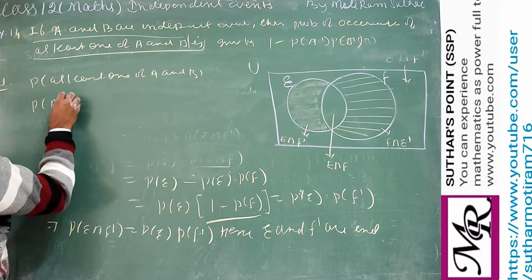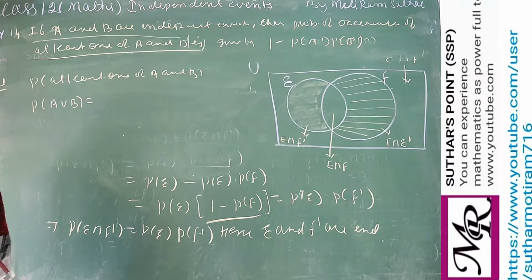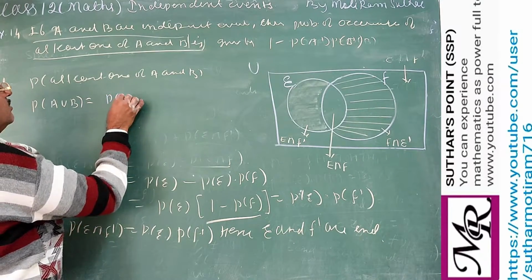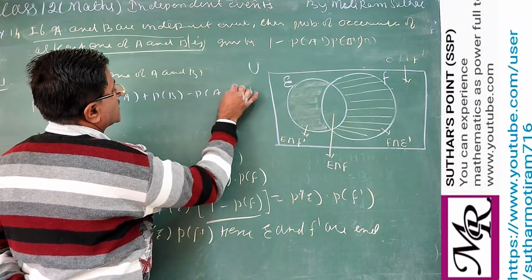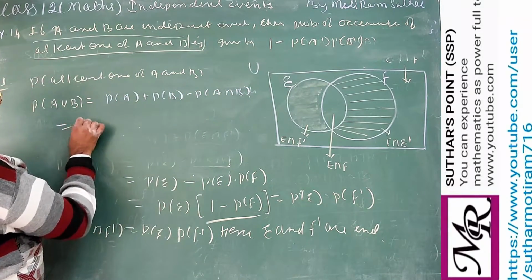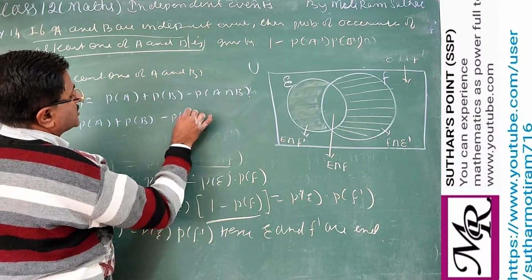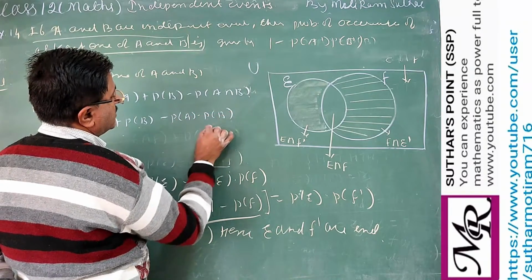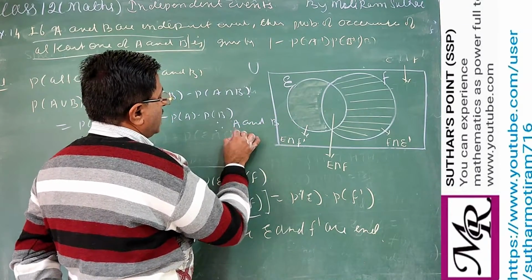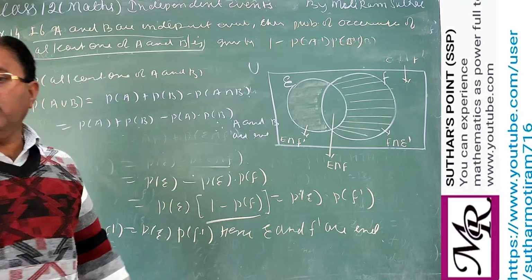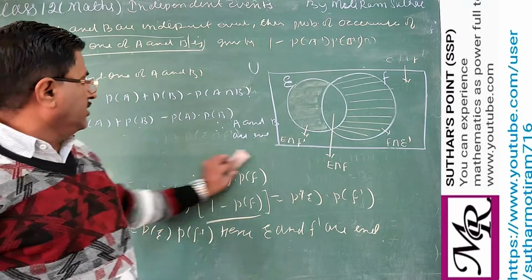You have to find probability of A union B. The formula for union is PA union B equals PA plus PB minus P of A intersection B. Now P of A intersection B can be written as PA into PB. Why? Because A and B are independent, that's why we can use the formula of independent events.